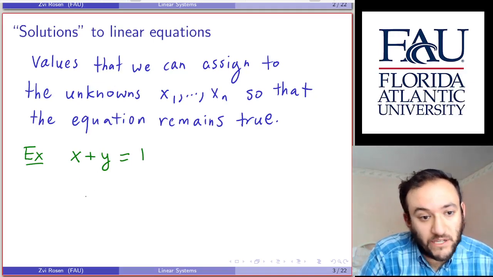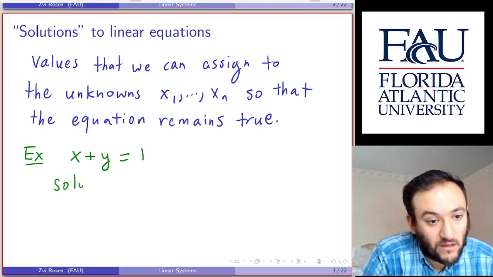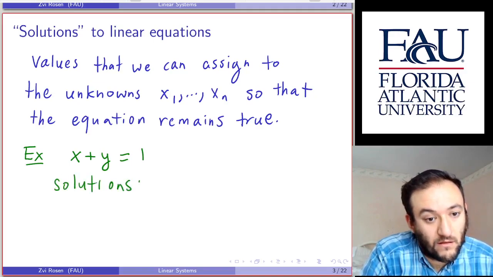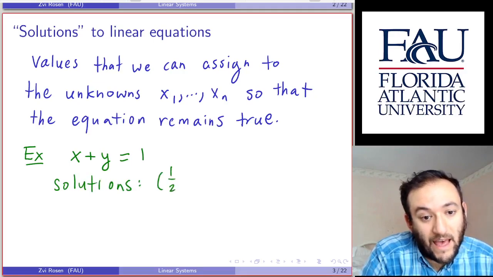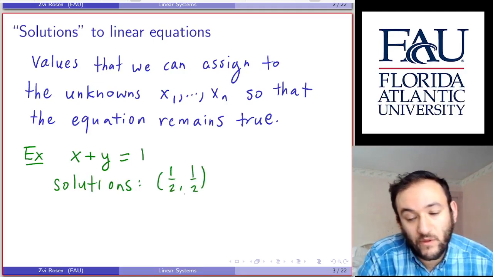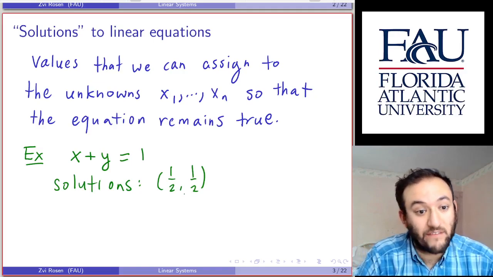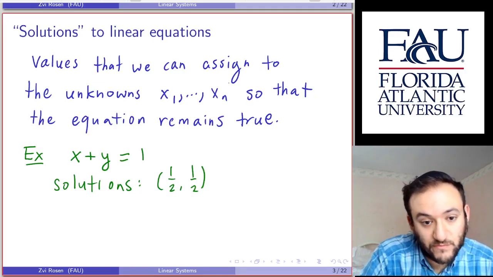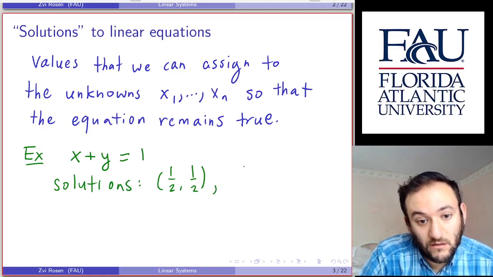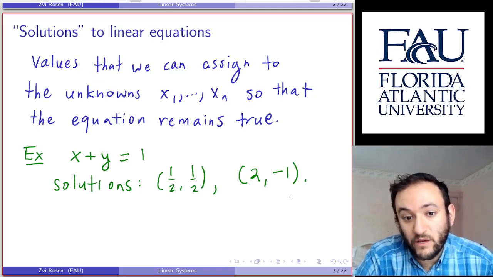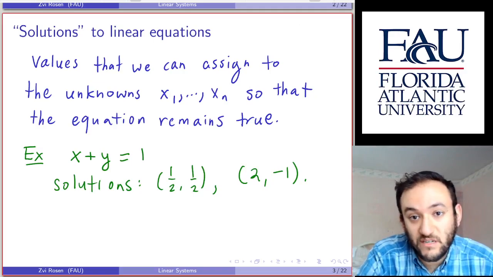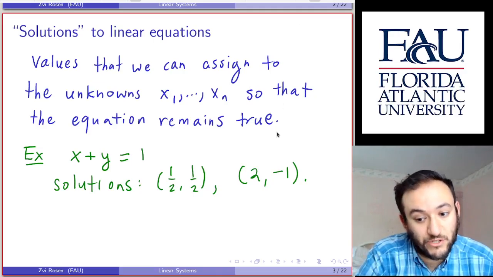So this is a linear equation, and an example of a solution to this equation would be, for instance, 1/2, 1/2. If we assign the value 1/2 to x and 1/2 to y, the equation remains true. Another solution would be 2 and minus 1. Plug in x equals 2 and y equals minus 1, and we'll find that the equation remains true. These are examples of solutions to the linear equation.